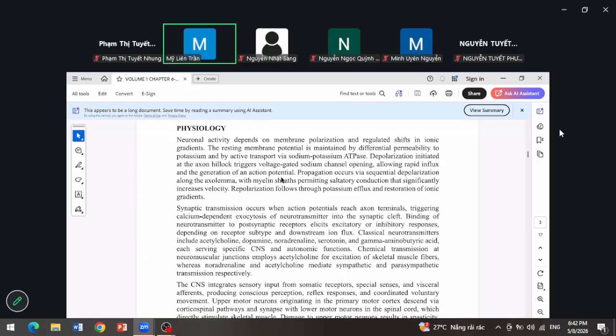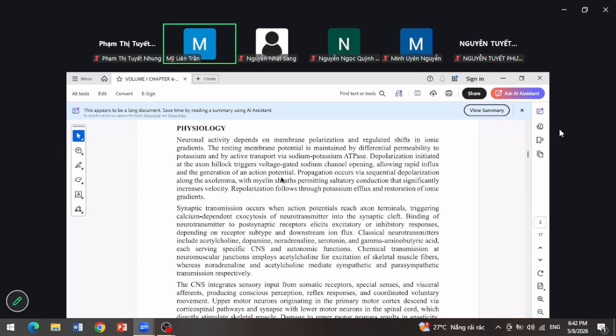Repolarization follows through potassium efflux and restoration of ionic gradients. Synaptic transmission occurs when action potentials reach axon terminals, triggering calcium-dependent exocytosis of neurotransmitter into the synaptic cleft.